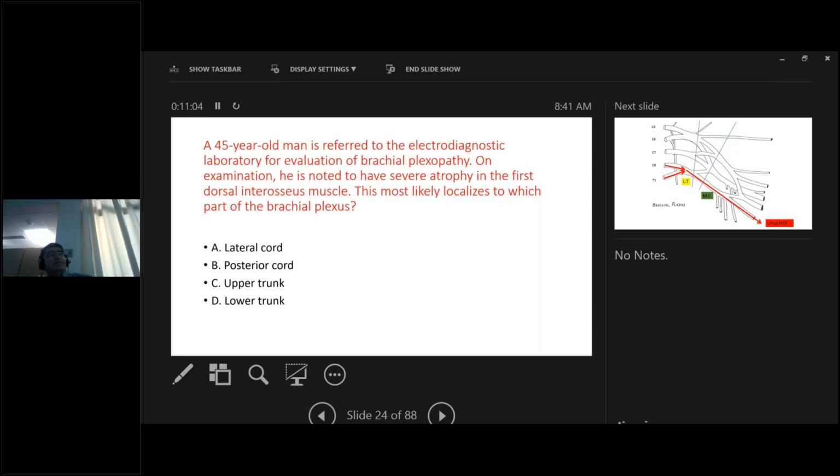Lateral cord, posterior cord, upper trunk, or lower trunk? The first dorsal interosseous muscle is innervated by the ulnar nerve, and the ulnar nerve is part of the medial cord and lower trunk. Correct, so the answer is lower trunk. Even if you don't know, the intrinsic hand muscles are C8, T1, so we're talking lower trunk. If lower trunk is not an option, medial cord.